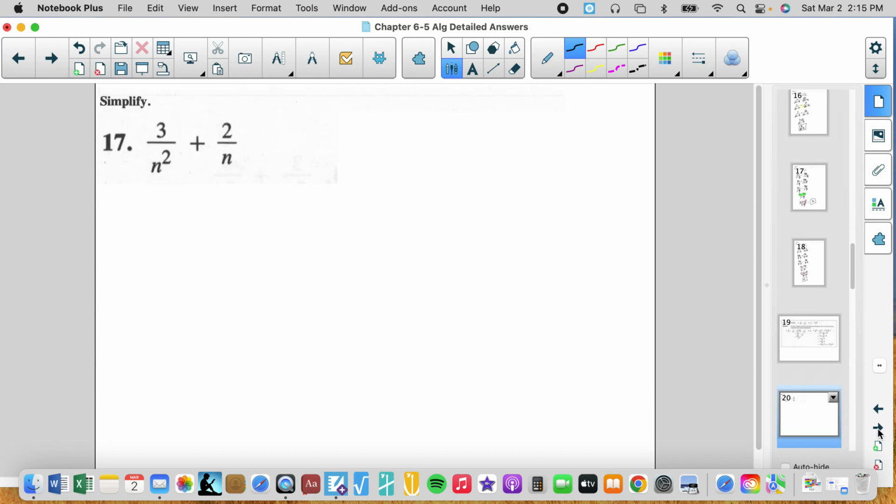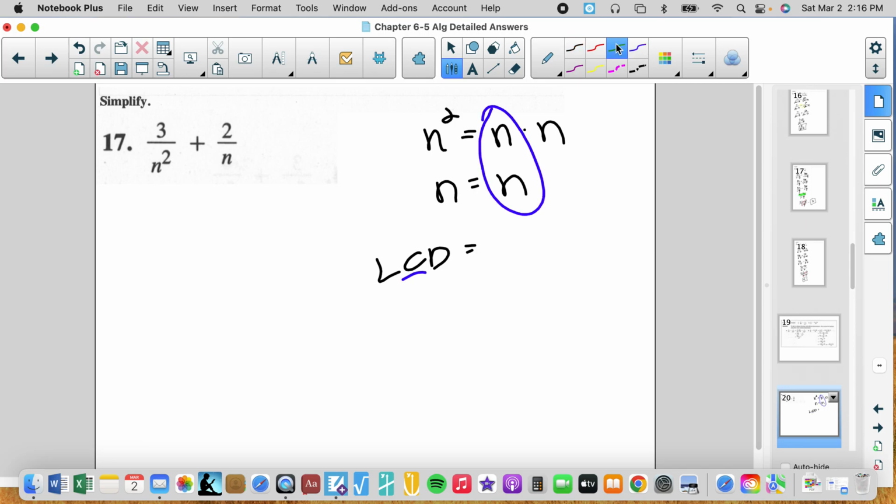All right, now we have to find a common denominator. So much like when we had constants like 8 and 6, we did the prime factorization. So we're going to do the prime factorization of n squared, which is n times n, and the prime factorization of n. We're going to find the least common denominator. So we're going to circle what they have in common, and then we're going to circle the leftovers.